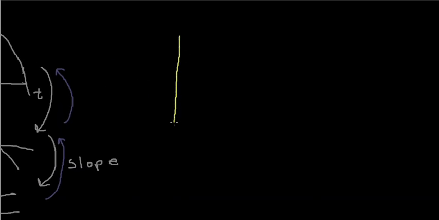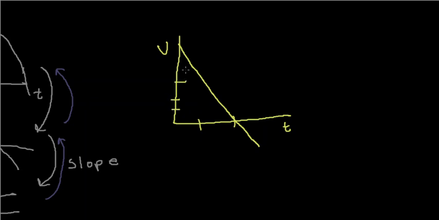So let's have this velocity graph, and we're trying to get to the position graph with respect to time, and we have this downward line. Let's say this is going to be 2 seconds, and the velocity is going to be, let's say, 1, 2, 3, 4, 5, 6.